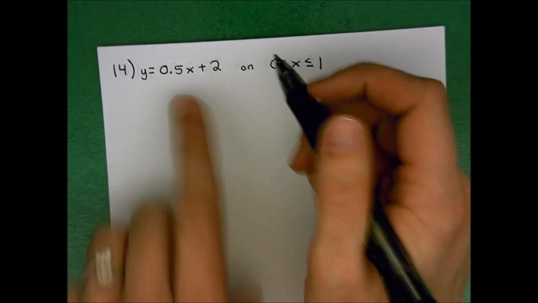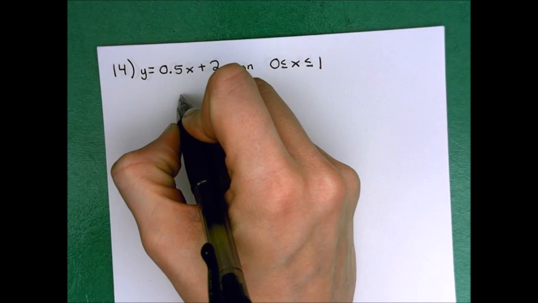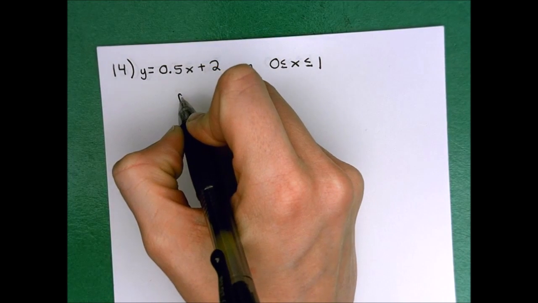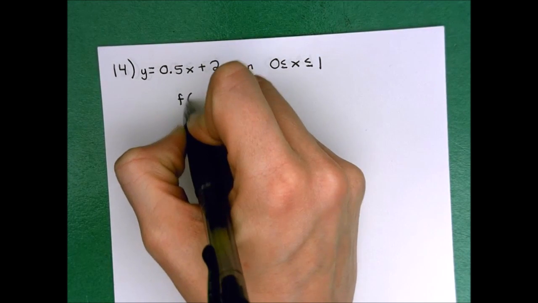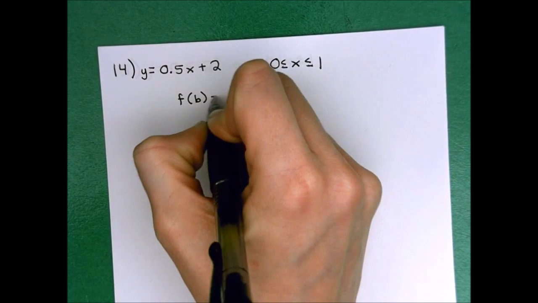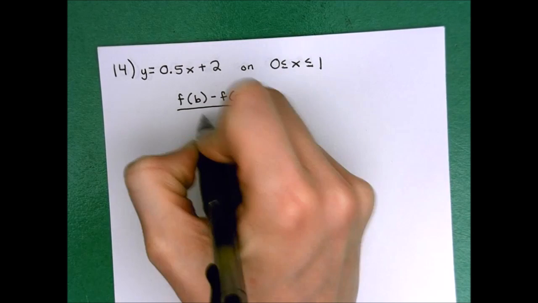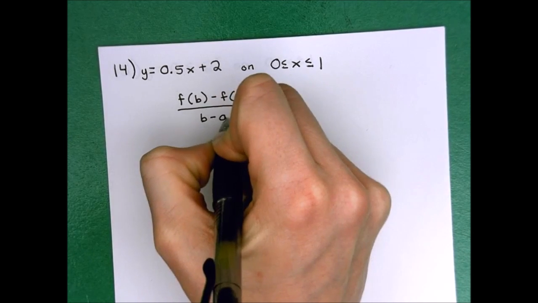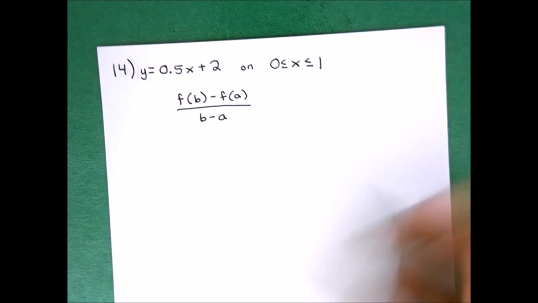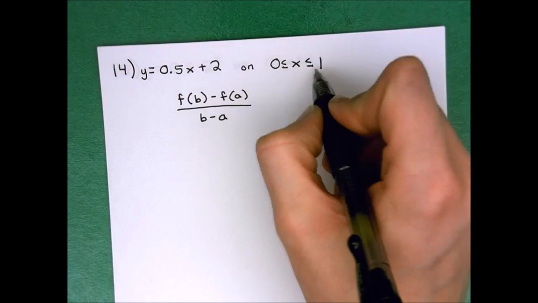So for the 0 to 1, we're going to use our average rate of change function, which is f of b minus f of a all over b minus a. Our b and a are the interval that we've been given, right?